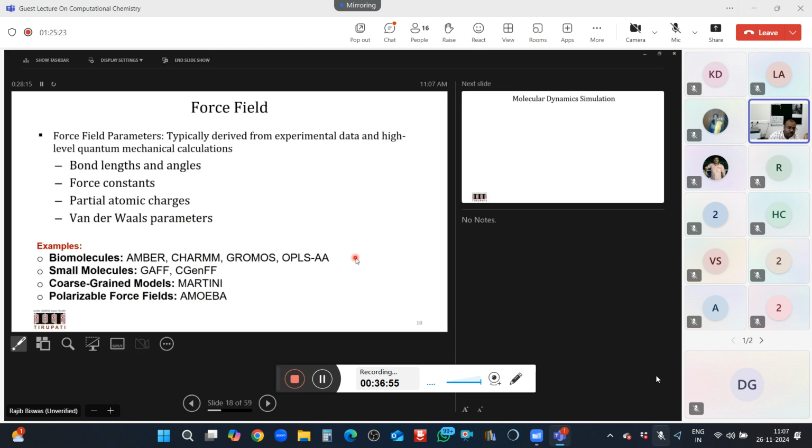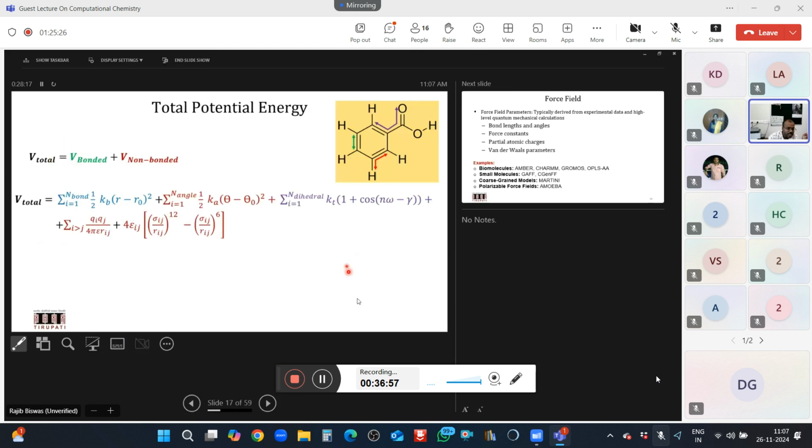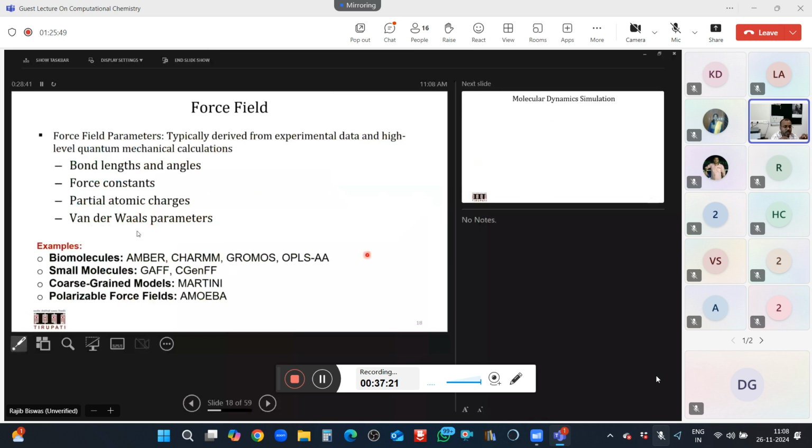So in all these equations, you see there are some coefficients which are fixed. For example, R naught, KB, theta naught, K angle, KT, N, and gamma, and then QI, QJ, epsilon ij, sigma ij. All those things are constants. So these constants are known as force field parameters.